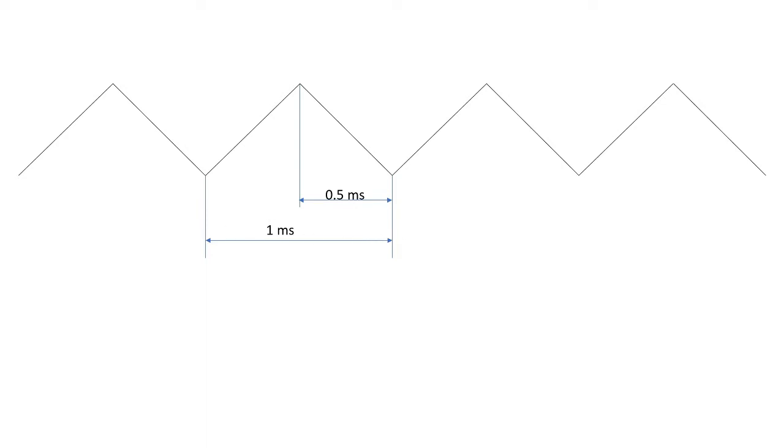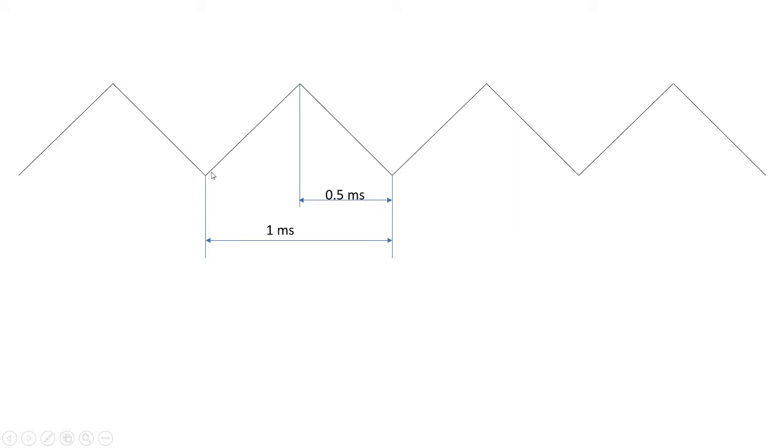Let's see firstly what is the logic behind this triangular wave generation using DAC. First of all, this point is nothing but 00. It is incrementing from a minimum value to a maximum value, then decrementing from the maximum value to the minimum value.